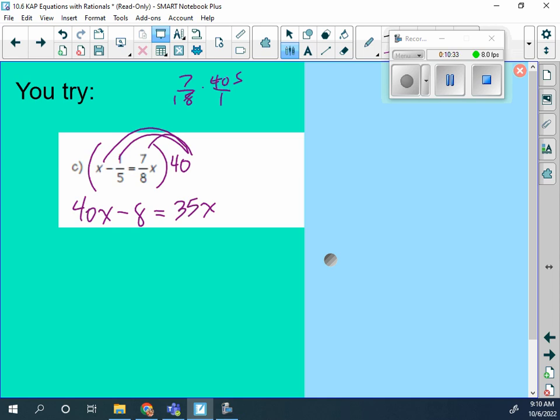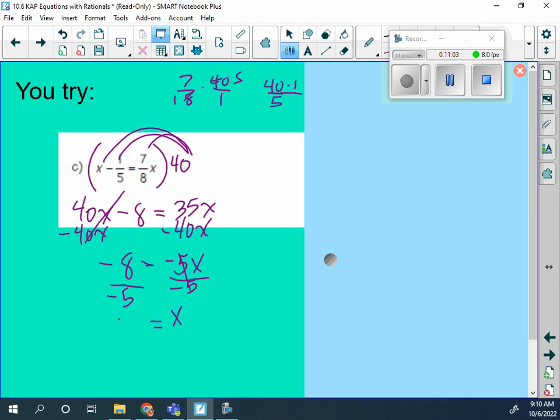But 5 is in the denominator. So this would be 40 over 5, not 40 times 5. It's 40 times 1 over 5. So then that's where I got that 8, okay? Now, I know I'm supposed to pick on the little guy, but what if I do that, then I'm going to have what? Zero. Nothing over here. So instead, I'm going to do this one. So I have negative 8 equals negative 5x divided by negative 5 divided by negative 5.